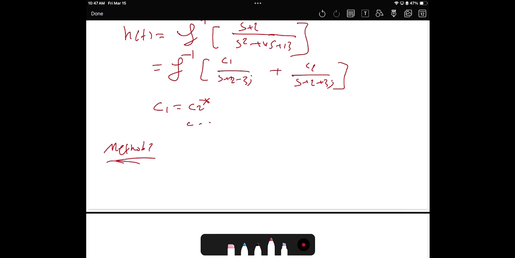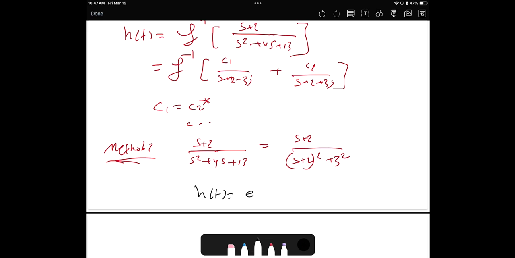We have s plus 2 over s squared plus 4s plus 13, which equals s plus 2 divided by s plus 2 all squared plus 3 squared. Then this yields h of t equals e to the negative 2t, because there's a shift, times cosine, where omega is 3, cosine 3t u of t.